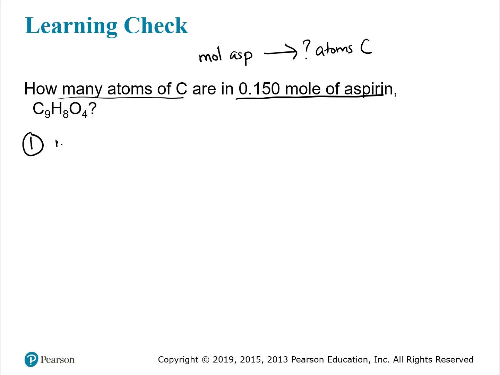The first step is going to be figuring out how many moles of carbon we have. We can't talk about atoms of carbon without knowing how many moles we have.